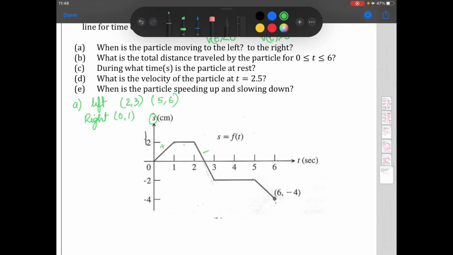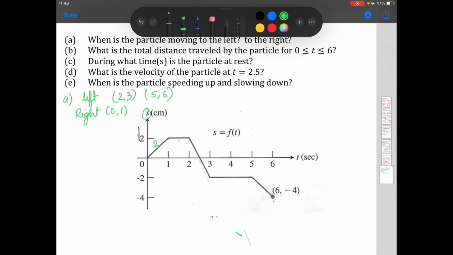Okay, part B. What is the total distance traveled by the particle from 0 to 6? So basically, I'm going to go piece by piece and see what is the change in y happening. From 0 to 1, I travel 2 units. Then from 1 to 2, there's no change.